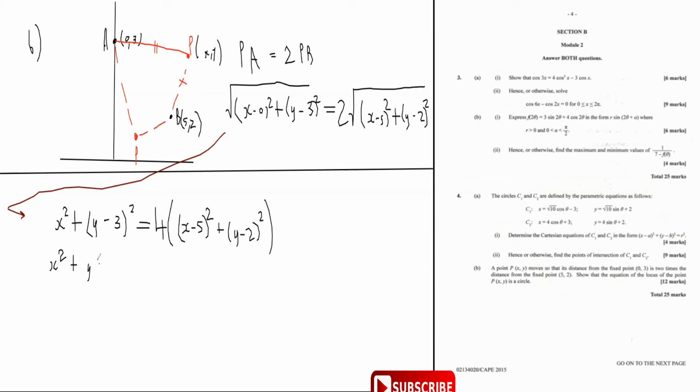So we're going to get x squared plus y squared minus 6y plus 9, and that is equal to 4 times.